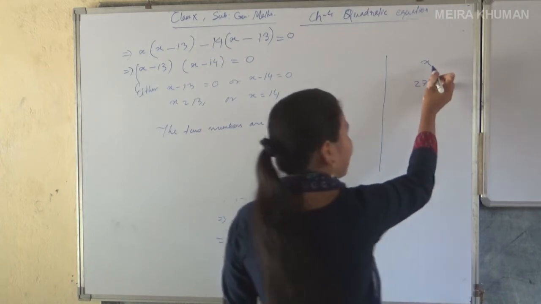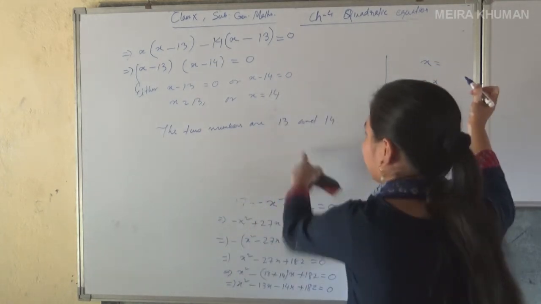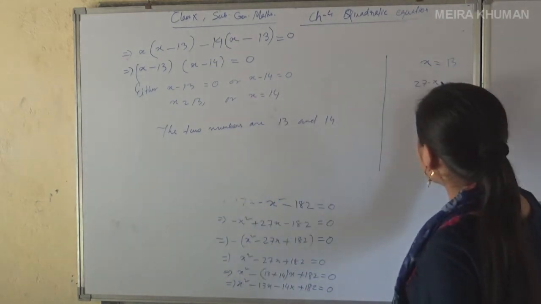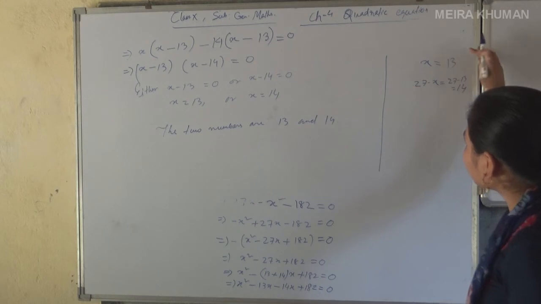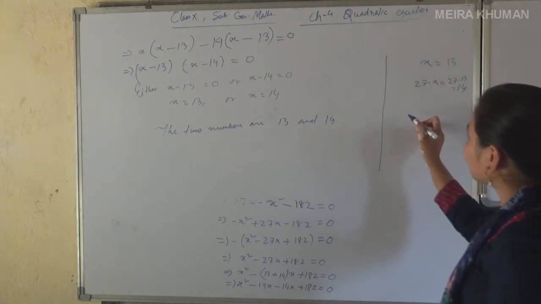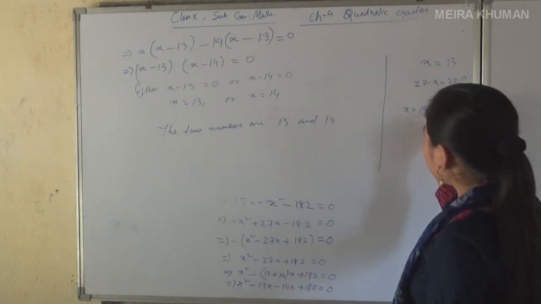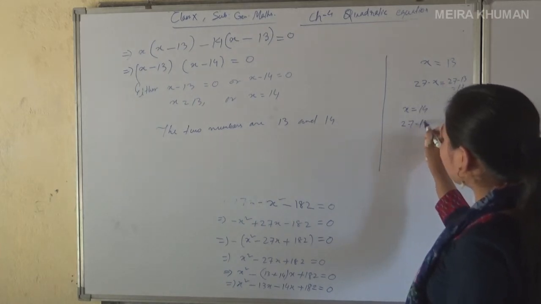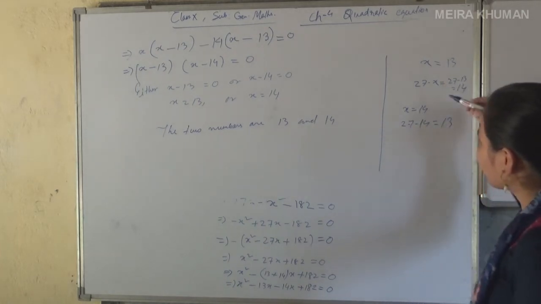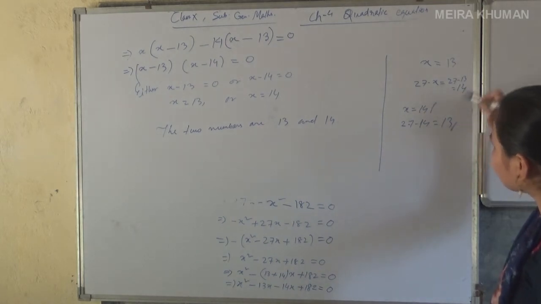If you take x equal to 13, then the next will be 27 minus 13, which is 14. So the numbers are 13, 14. Again, if you take x equal to 14, then the next is 27 minus 14, which is 13. Same. The two numbers are 14 and 13, or 13 and 14, the same.